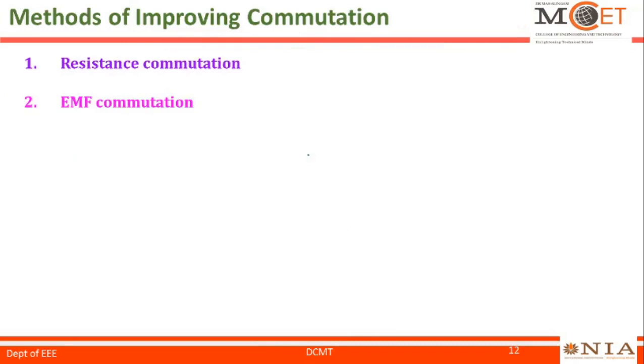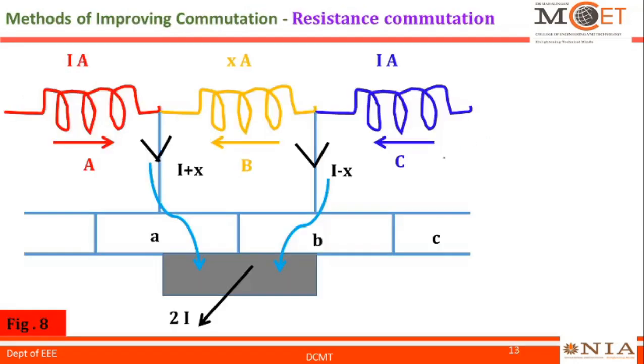How do we improve the commutation? Basically, there are two types. One is resistance commutation, another one is EMF commutation. Current in the coil C reaches the brush via two parallel paths.